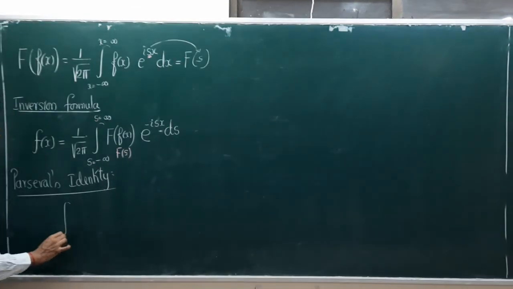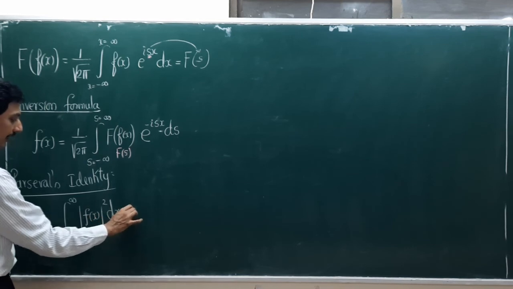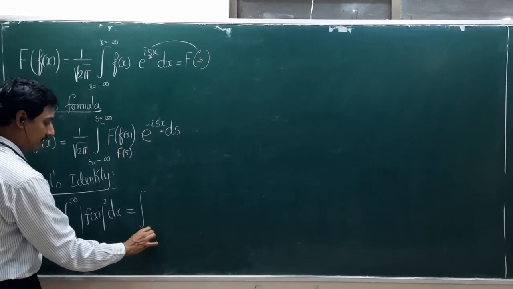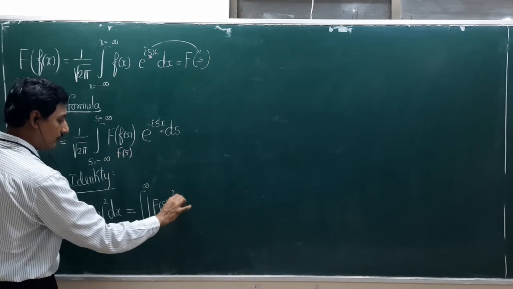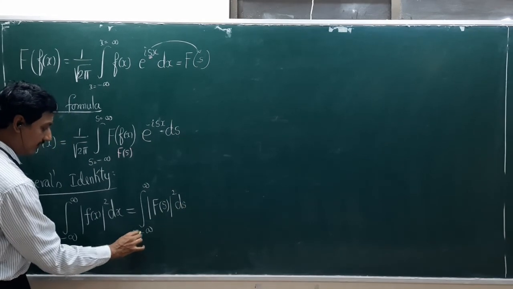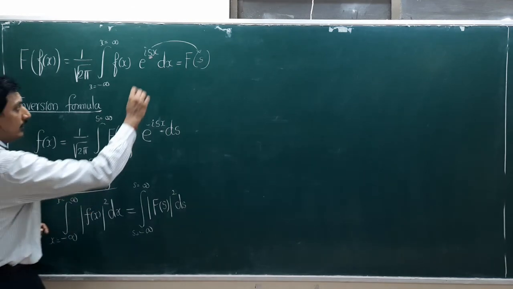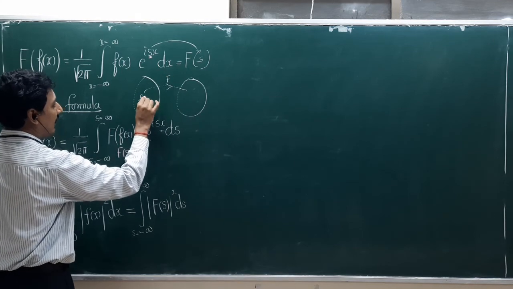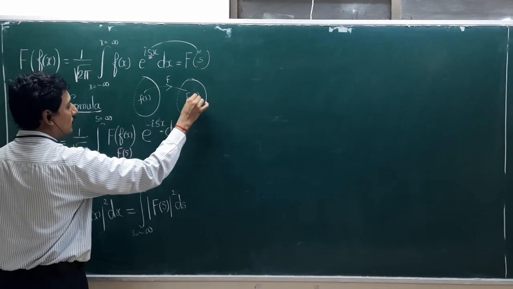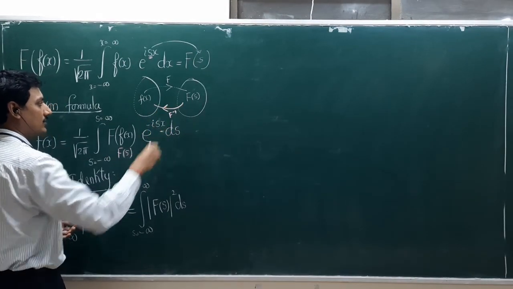Parseval's identity is integral from minus infinity to plus infinity of modulus f(x) whole square dx equals integral from minus infinity to plus infinity of modulus of the Fourier transform of f(x), that is F(s) whole square ds. The right-hand side is in the output variable, the left is in the input variable x. It is a mapping between the two sets, and once the Fourier transform exists, the inverse is possible.